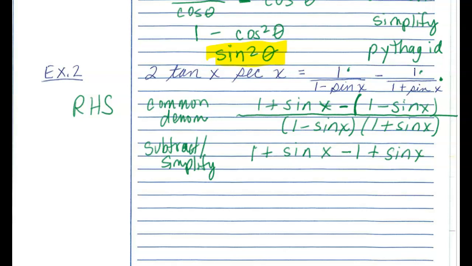Distributing this, subtract to here and here, and still over the same denominator. 1 minus sine x and 1 plus sine x, same denominators. Okay.